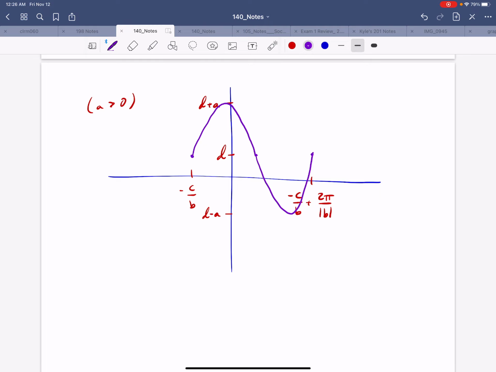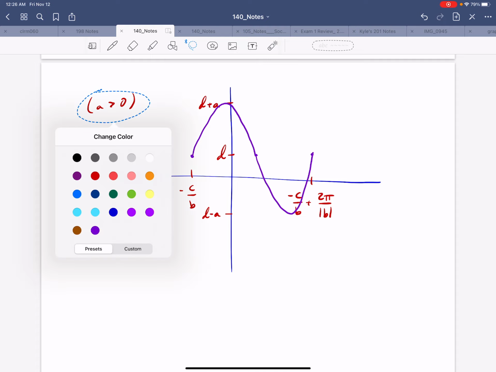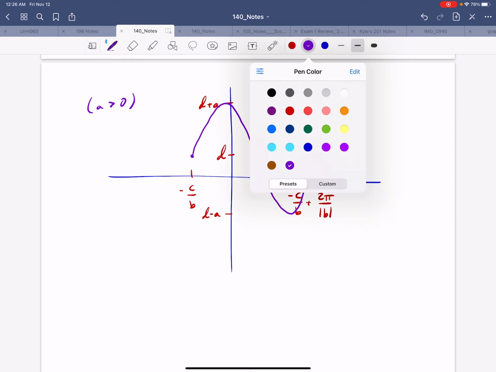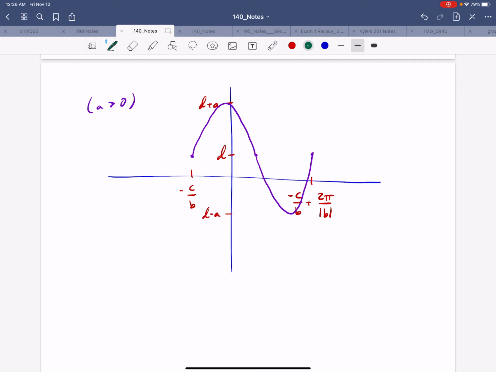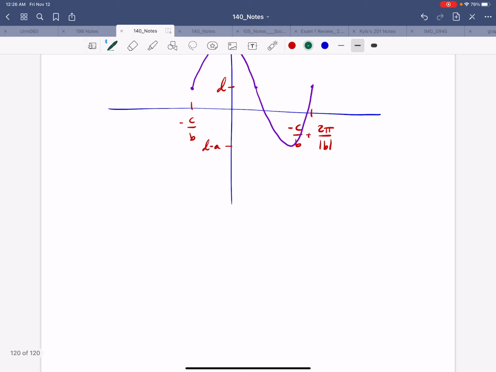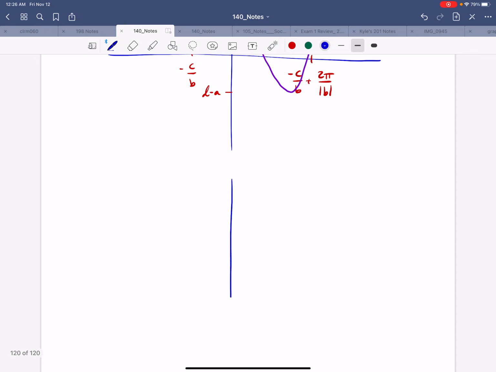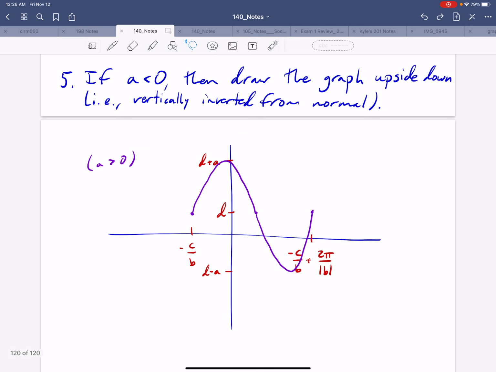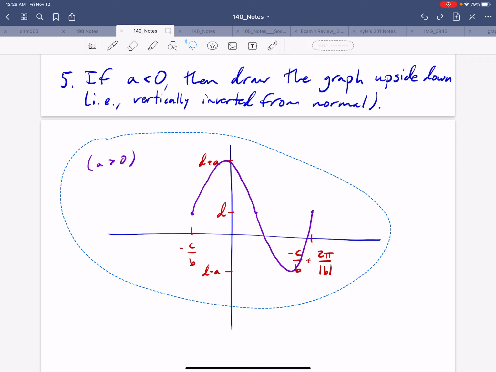Actually, you know what I'm going to do? I'm going to make this purple. I'm going to copy the whole thing. Let's consider the example when a is less than 0.